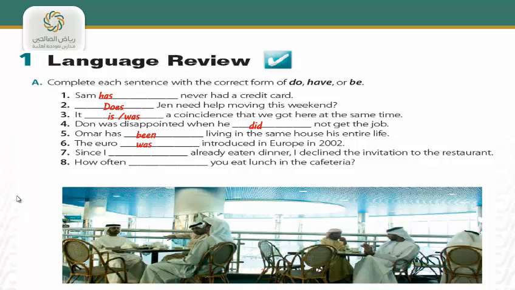The euro was introduced in Europe in 2002. Past simple. Since I had already eaten dinner, I declined the invitation to the restaurant. So, when two incidents happen in the past, the first of which goes in the past perfect tense, and the second in a simple past.